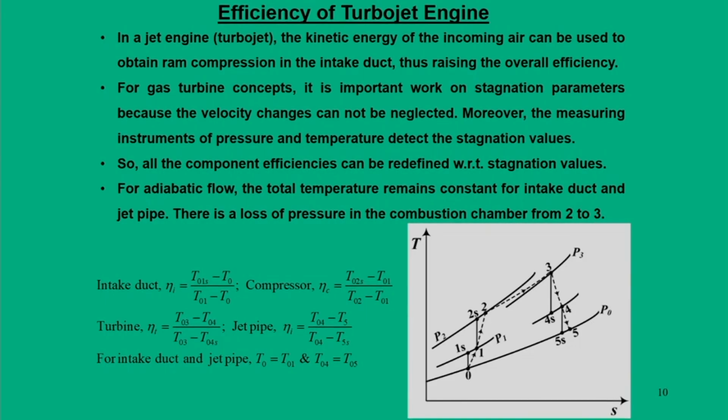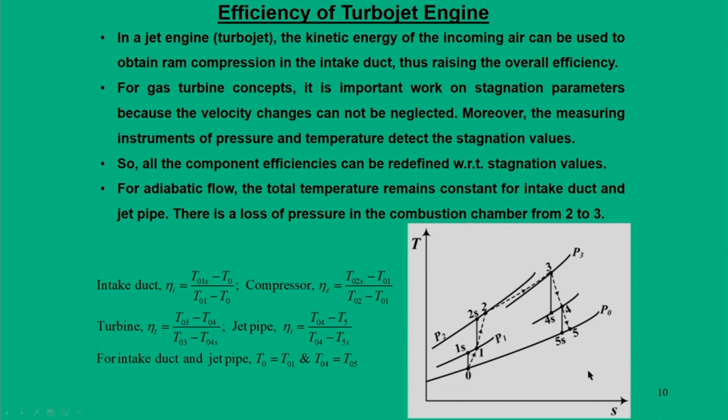But when we are going for aircraft engines and that too turbojet engines, it is not advisable to use those static values, rather we prefer to use the stagnation values, because implicitly the kinetic energy changes are already taken into account while calculating the stagnation temperatures or pressures.